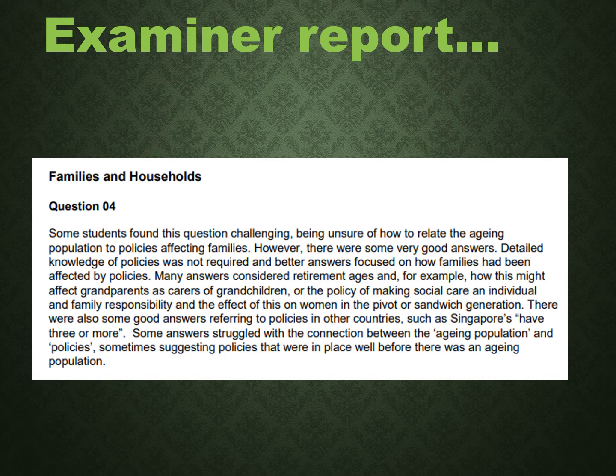They also referenced that there were some good answers referring to policies in other countries, such as Singapore's have 3 or more, which is often quite useful to note as well, because the question didn't explicitly say in the UK.